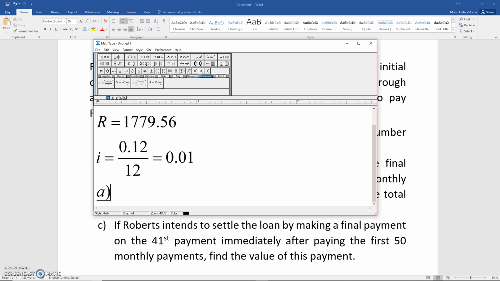For question A, how many times does Robert need to pay, the N?